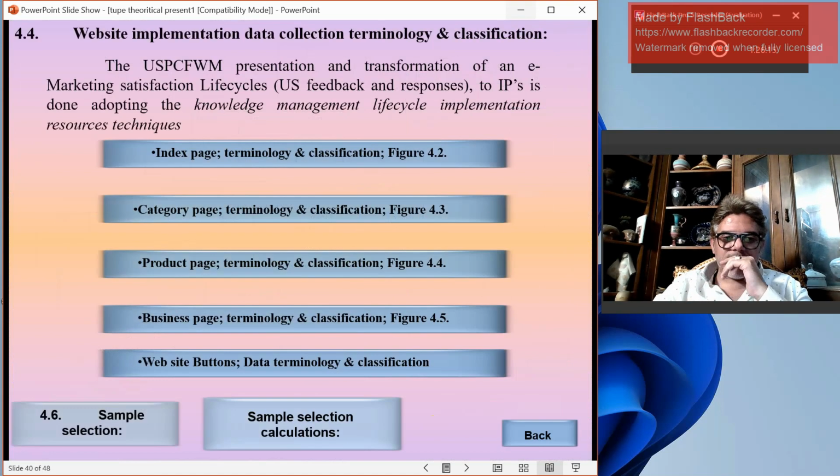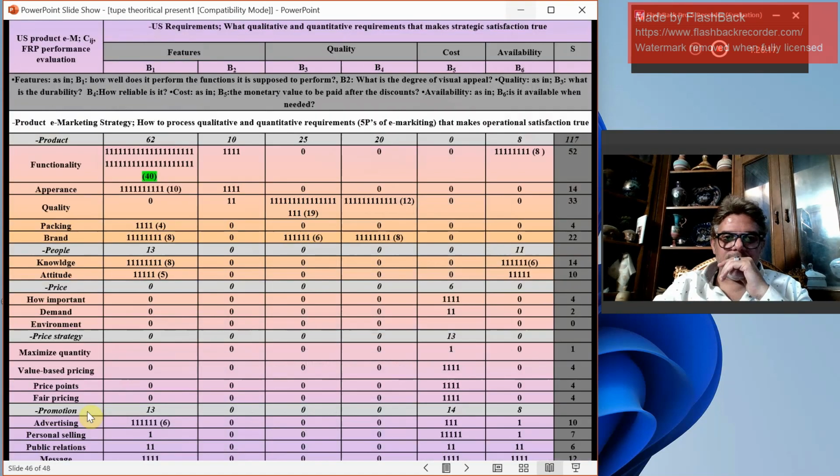But then this is the user satisfaction, the user satisfaction requirements. And this is the product satisfaction requirements: features, quality, cost, availability, whatever else. And for the product, we had the 5 P's: product, people, price, price strategy, promotion.